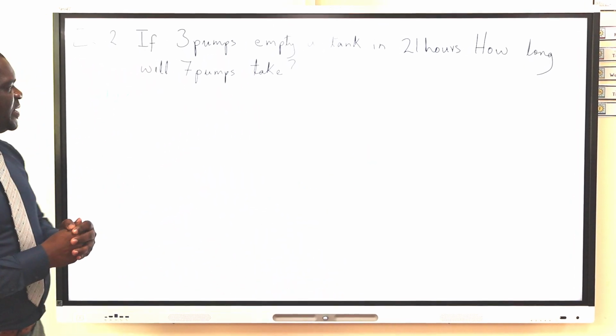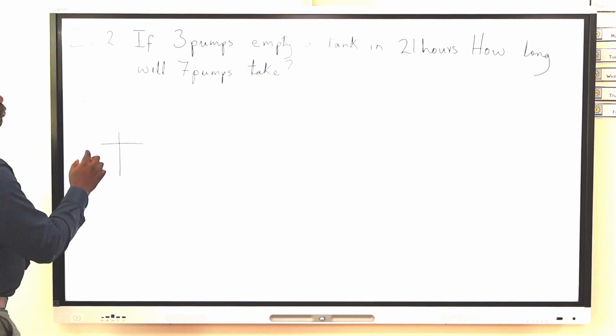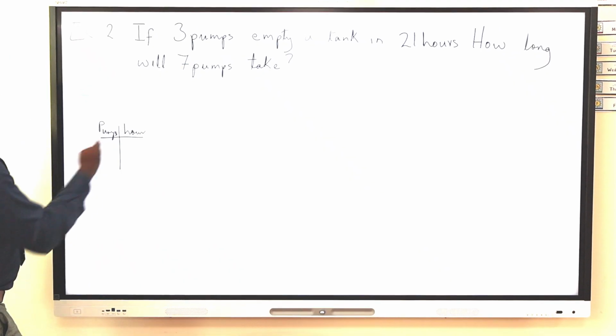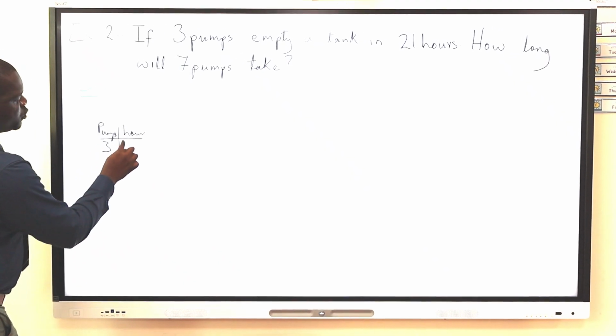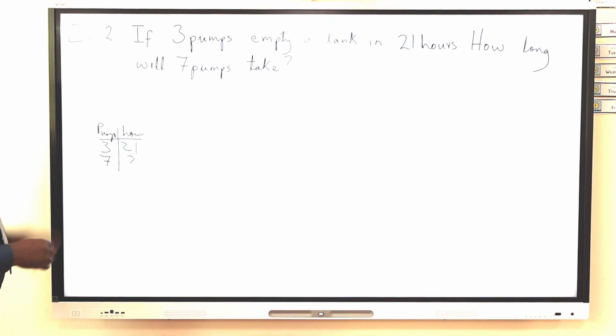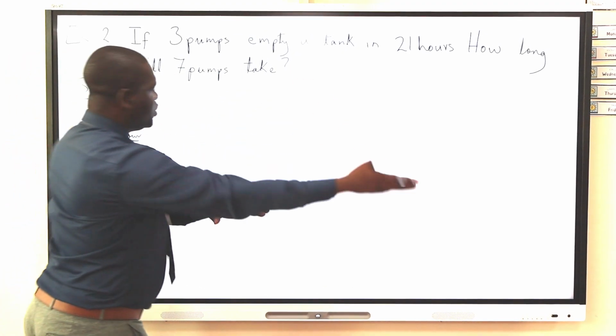That's just a simple explanation. Now, to solve this, first you create your small table, you put pumps and you put hours or time on the other side. So 3 pumps will do it in 21 hours and 7 pumps will do it in what we are looking for. So hours or time will be to the right.